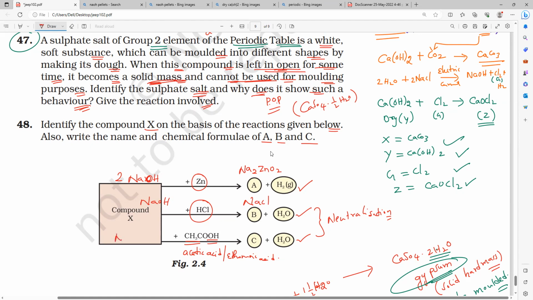Next, NaOH reacting with acetic acid, CH3COOH, gives sodium acetate, CH3COONa, and water. Please write hydrogen gas and water. Neutralization reaction.